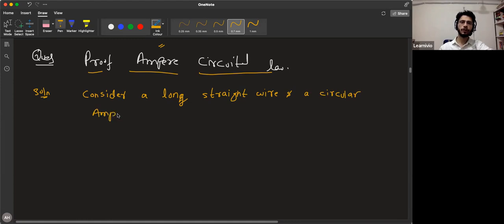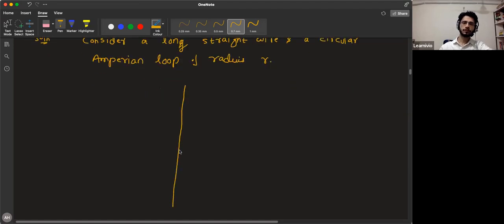Circular Amperian loop of radius r. So we take a long wire. Around this wire, I consider a loop. This is Amperian loop. The radius of the Amperian loop is r.